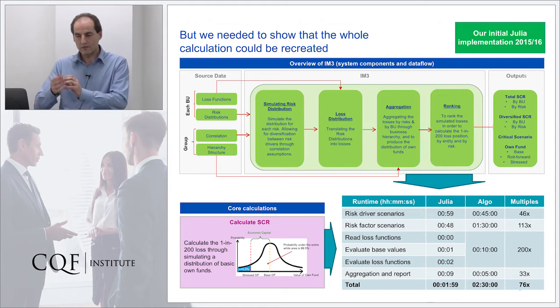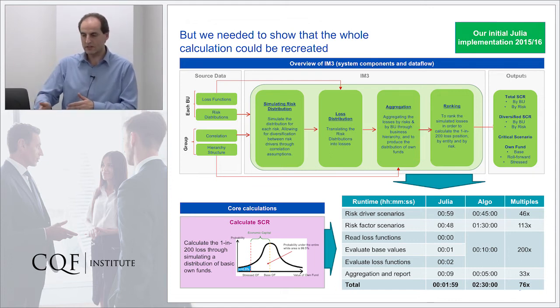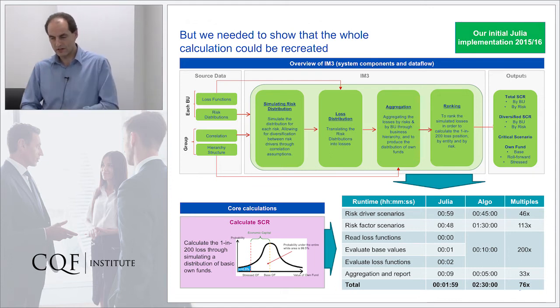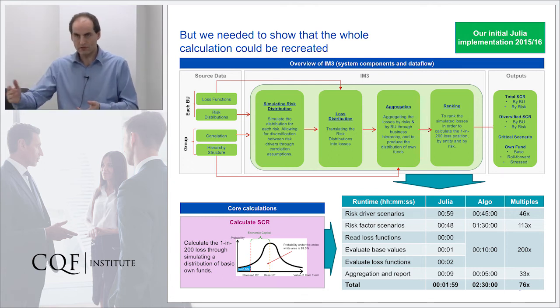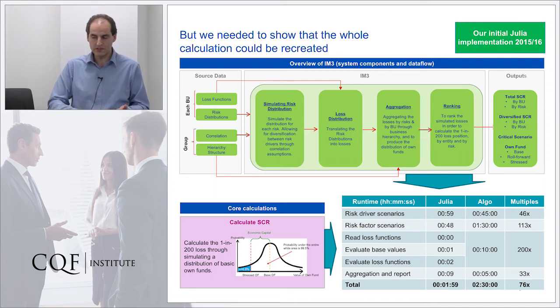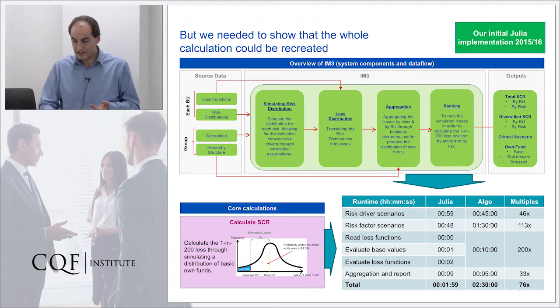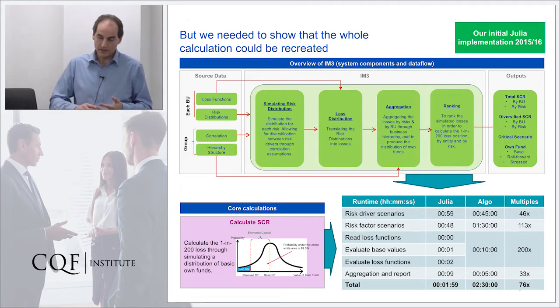We aggregate that up, we rank it, we look at it by risk, we look at it at total capital level, we allocate down to risks, and we produce a number of different outputs for the different businesses at the group level, different percentiles. So there's quite a bit of functionality that over a period we'd built.